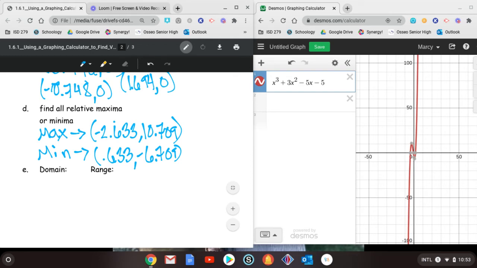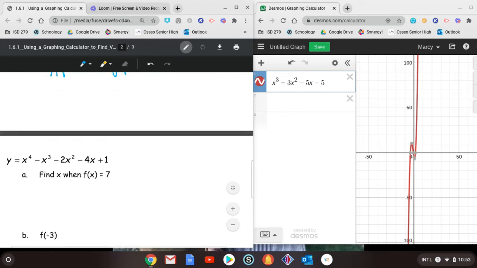So my domain, if I do my little sheets that I did on day 1 of domain and range, I would cover up an arrow to an arrow, so that means your domain would be all real, and your range would be all real because it would be an arrow on bottom and top as well. So your domain and range, you just kind of have to look at the graph and see. There's not really any hints of how to do that, okay?